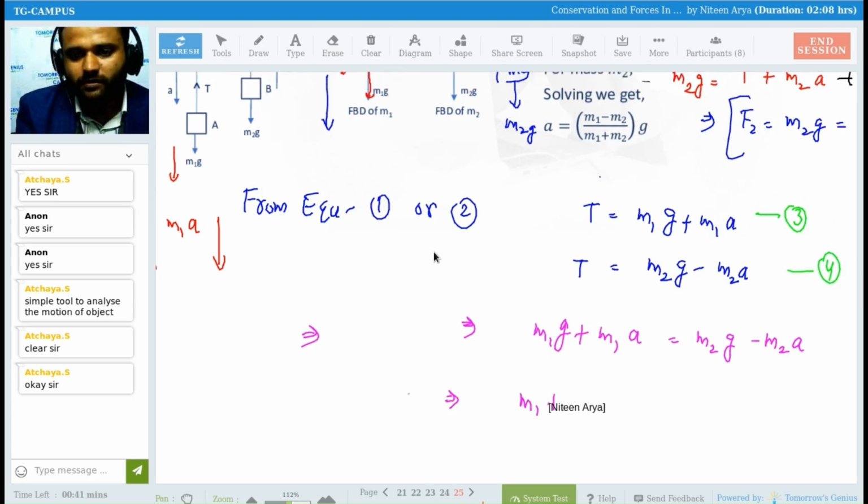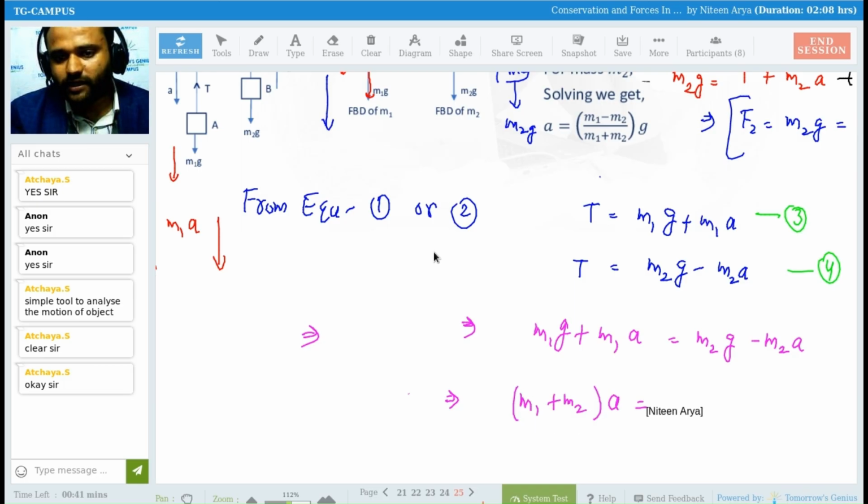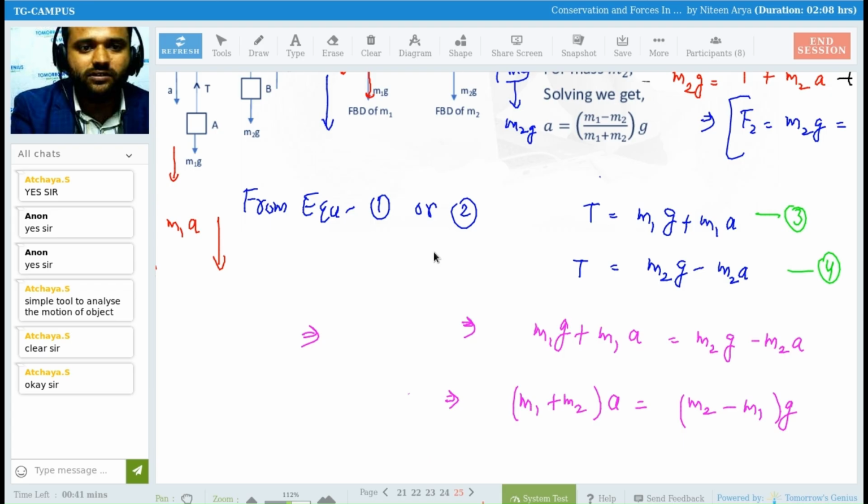So m1 plus m2 into A. The positive and negative signs you need to take care of, and then m2g or m2 minus m1. Yeah, so this is also correct.